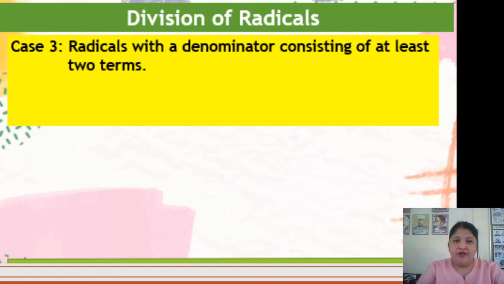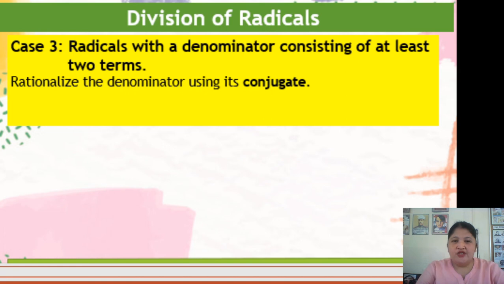And for our case number 3, radicals with a denominator consisting of at least 2 terms. So what should we do? First, we rationalize the denominator using its conjugate.